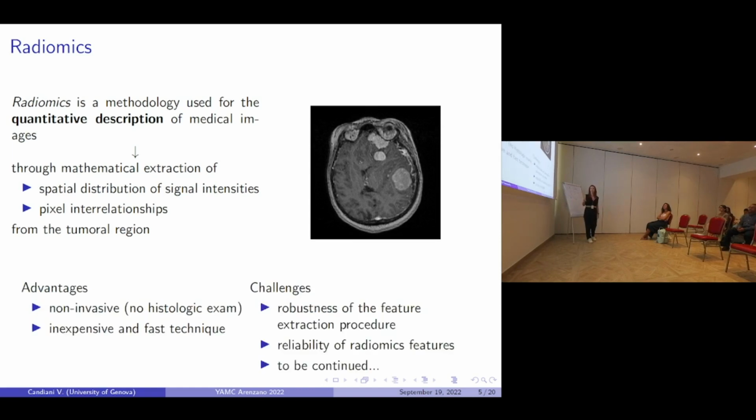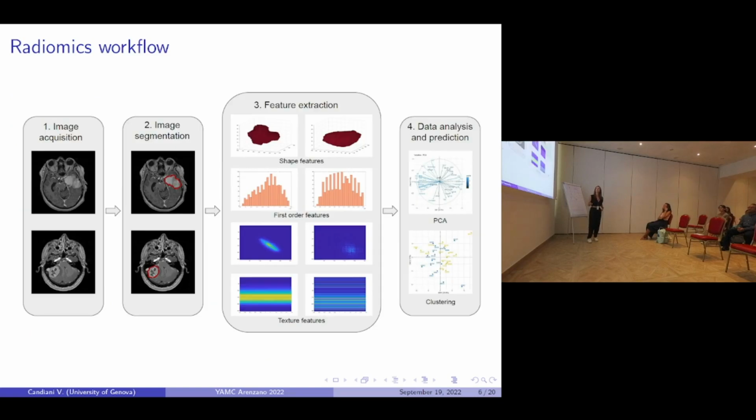Needless to say, the advantages of these techniques are quite obvious: it's non-invasive and it would actually replace histological exams. It's not expensive and relatively fast, because one just needs to get the images through our pipeline and extract those data. On the other hand, challenges make a huge part of the problem because, as Isabella already talked about, we need to understand the robustness of the feature extraction procedure and the reliability of such features. I will talk about this a little bit more in the next slides.